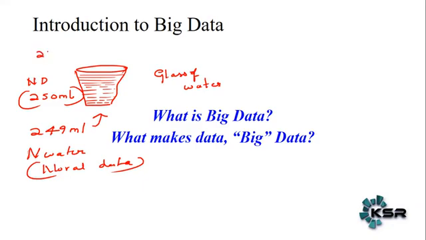If I store 251, this is called big data. You may be wondering what happened to this guy. 250 ml is a normal data, 251 is big data. What do you mean by that?